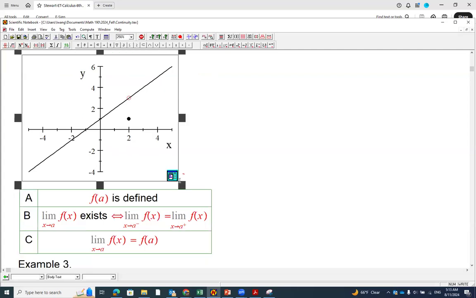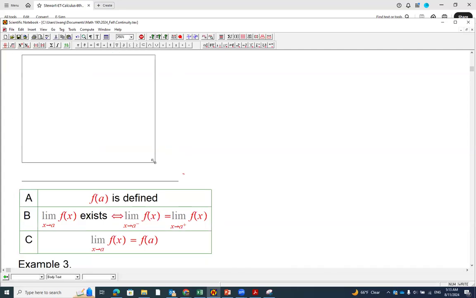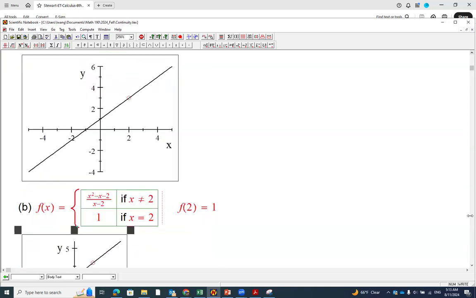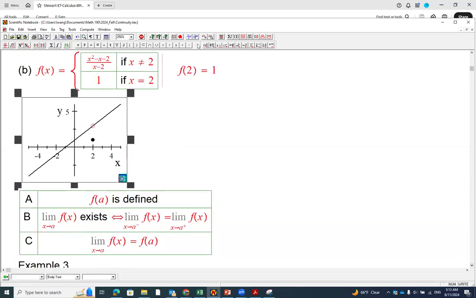Let me make the picture just a little bit smaller so we can have everything on one screen. You can see the first condition is checked.